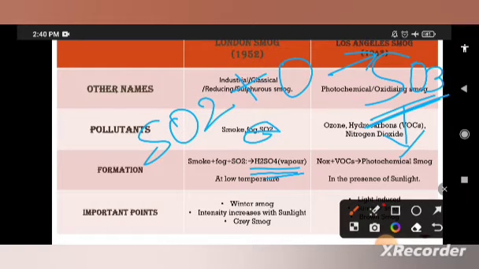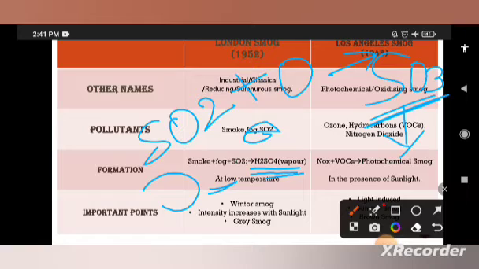This sulfuric acid gets deposited on the other particles which are present in the atmosphere and causes the intense condition of smog. One important point to note is that the sulfurous smog only forms at low temperature.